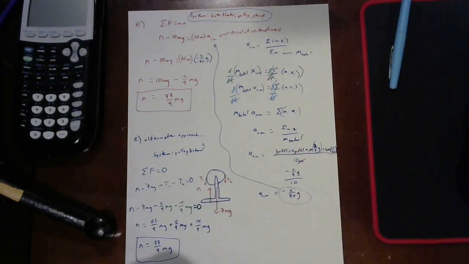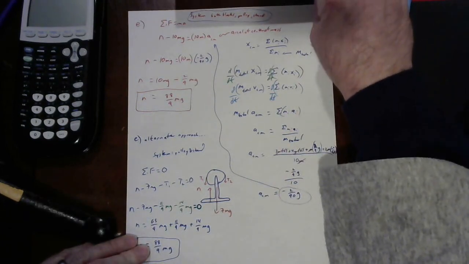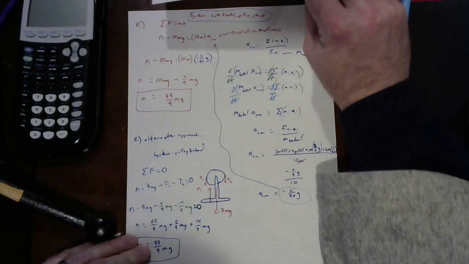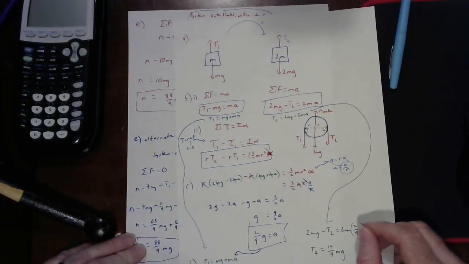Are there other ways of solving this? I bet there is. I'll bet you could do something tricky with energy, perhaps. No, actually, now that I think about it, probably not.